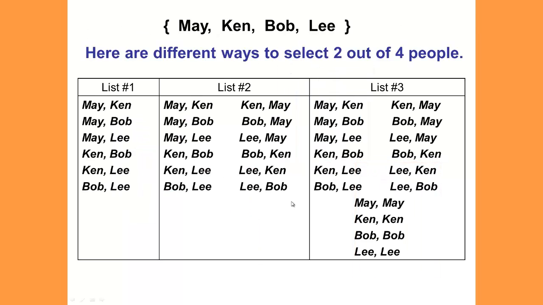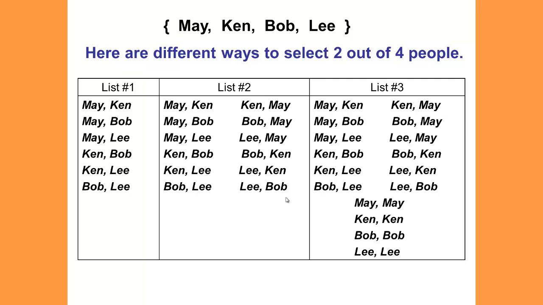So here is a list of all the ways to select 2 people. Notice that we have 3 different types of lists. That is because there could be and are different rules that could apply to our selection. Before we can make our selections, we have to decide what parameters we have on our selection.